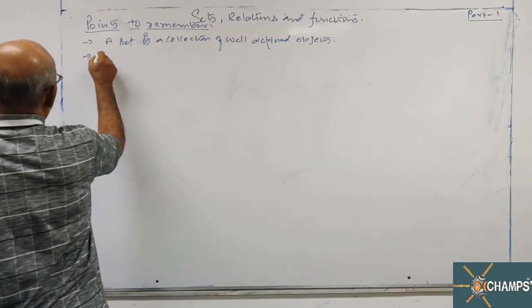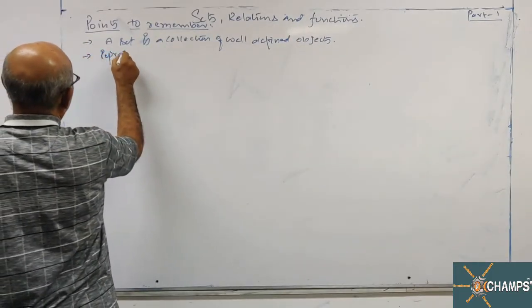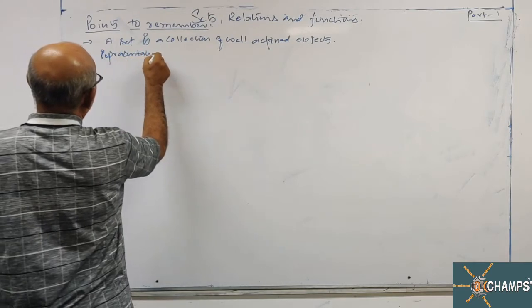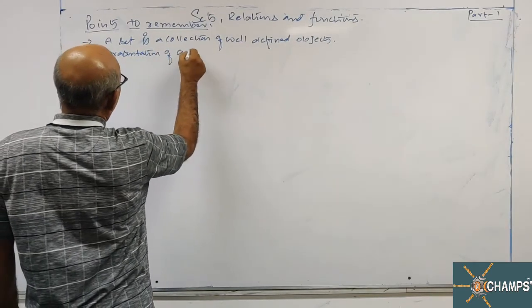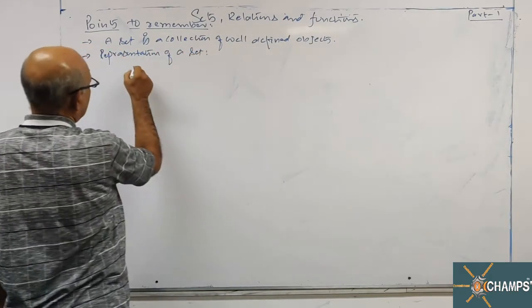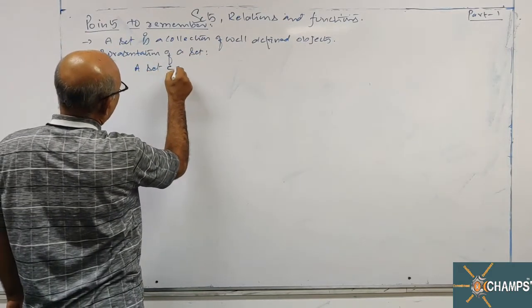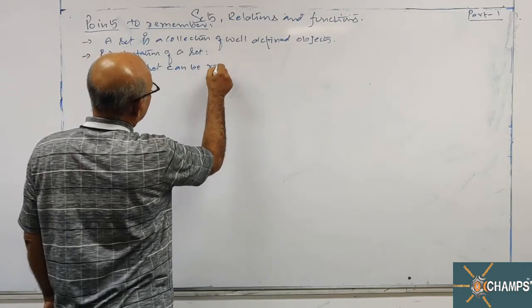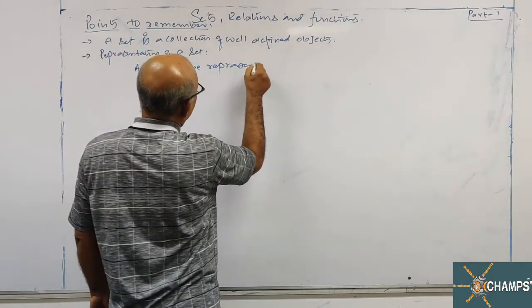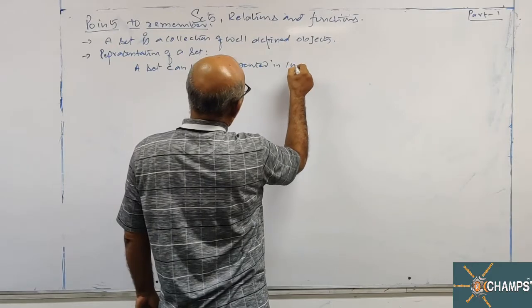Next, representation of a set. A set can be represented in two methods. A set can be represented in two ways.